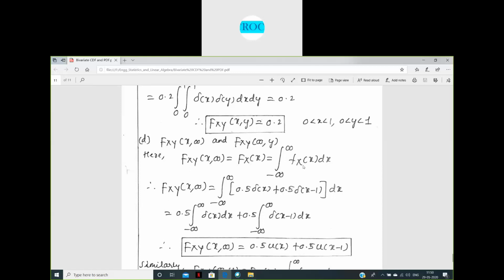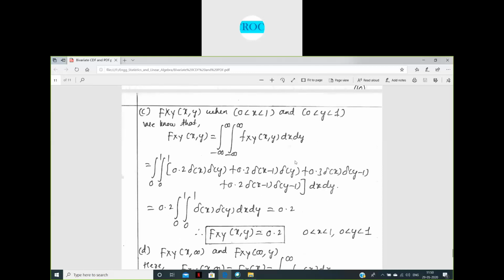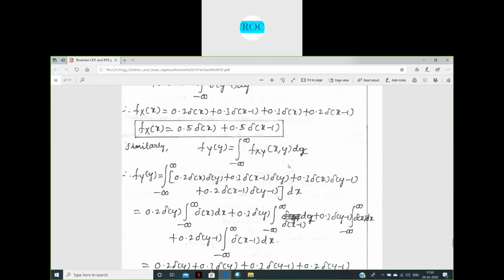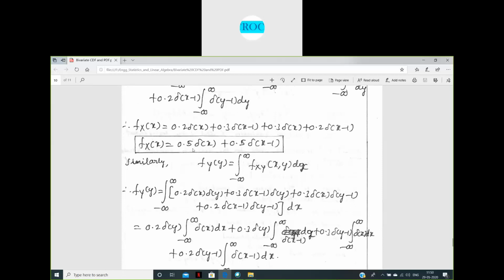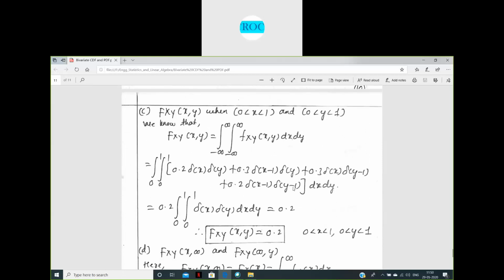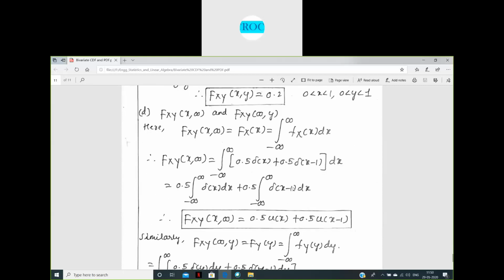Now what is this f_X(x) here? This is nothing but the PDF for x. What is the PDF for x here? We calculated it here. It is nothing but 0.5 δ(x) plus 0.5 δ(x−1). Now substitute here: 0.5 δ(x) plus 0.5 δ(x−1).